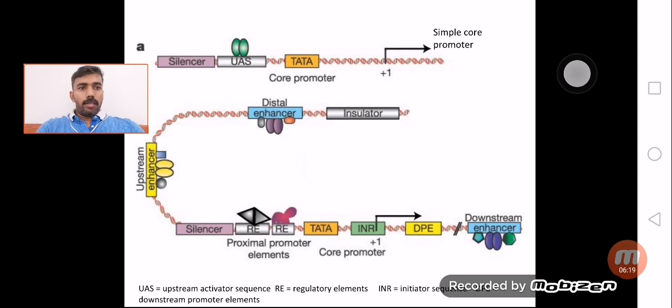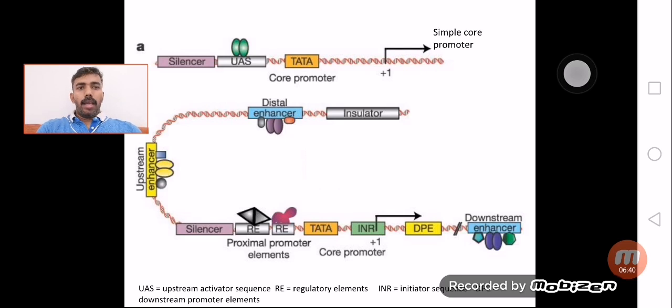Whereas in the lower part of the image, you can see a much more elaborate set of these regulatory sequences. Apart from the core regions, up to the TATA box, you can see the proximal promoter element, silencers, and enhancers at various locations, even upstream and downstream.